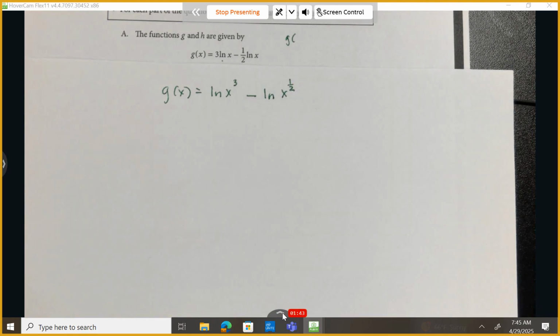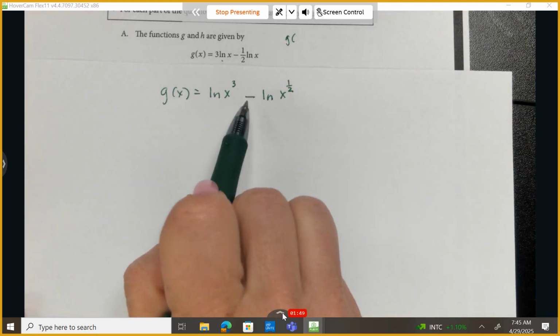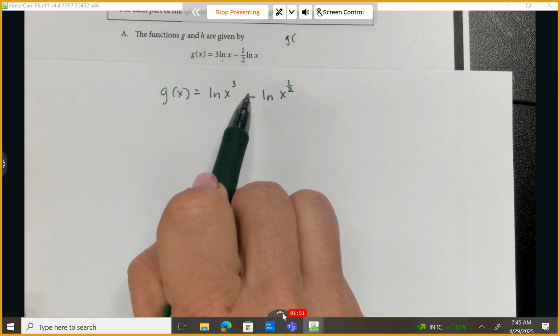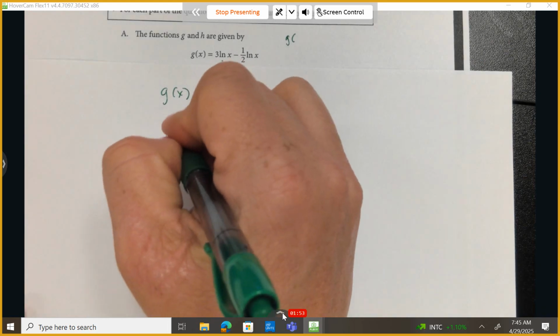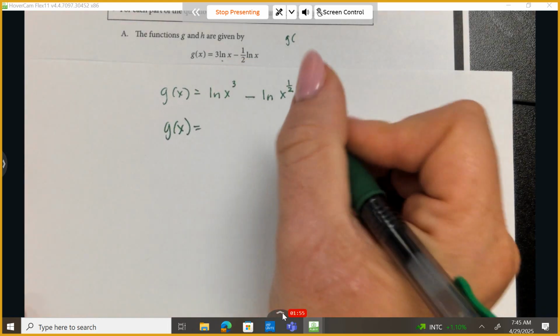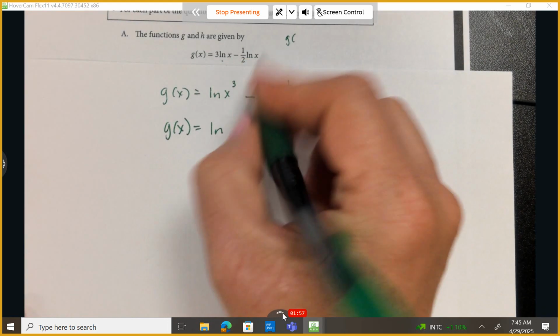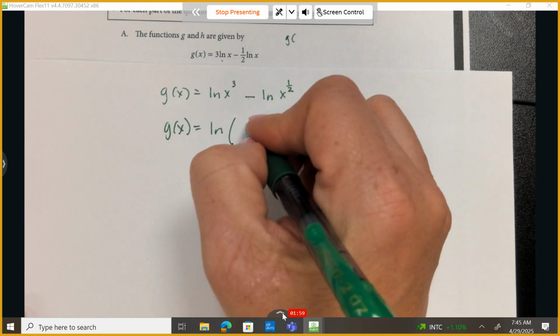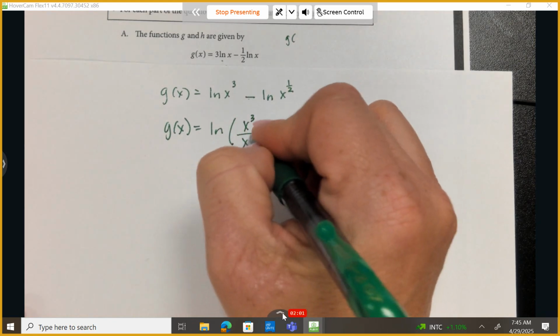As we compress, those coefficients become exponents, addition becomes multiplying and subtraction becomes division. So now I have g of x equals the ln of x to the 3rd over x to the 1/2.